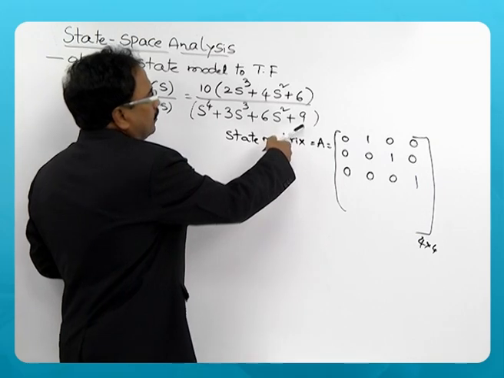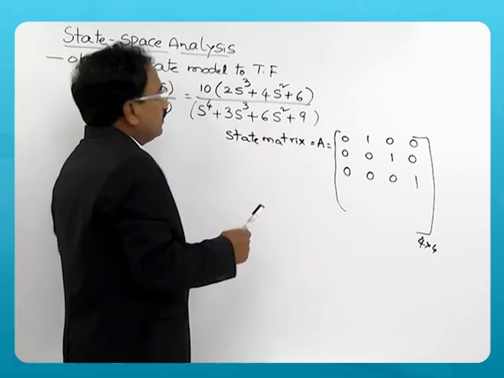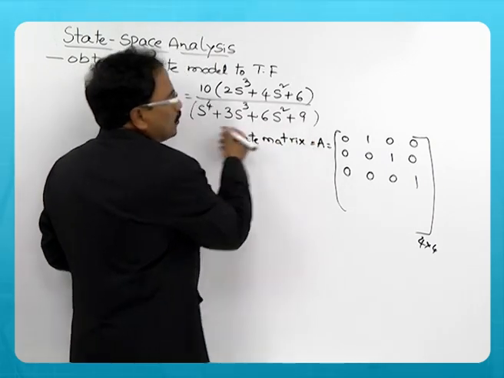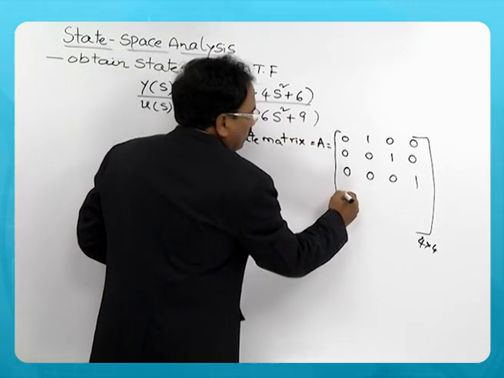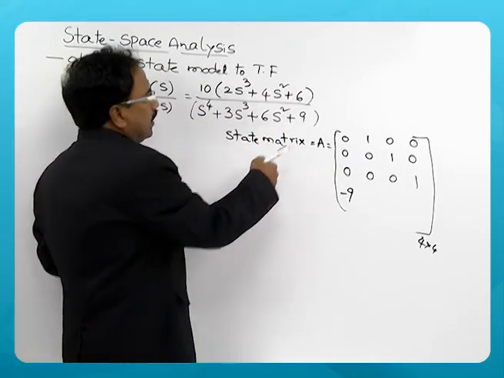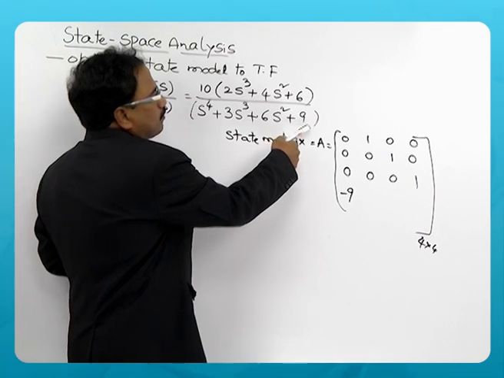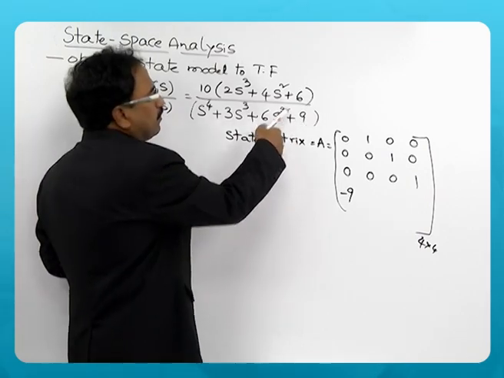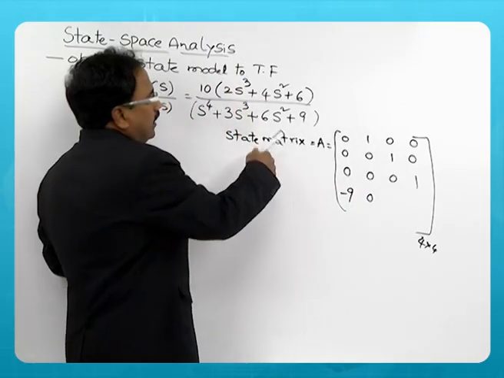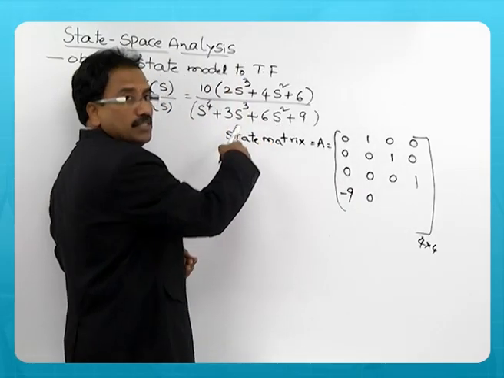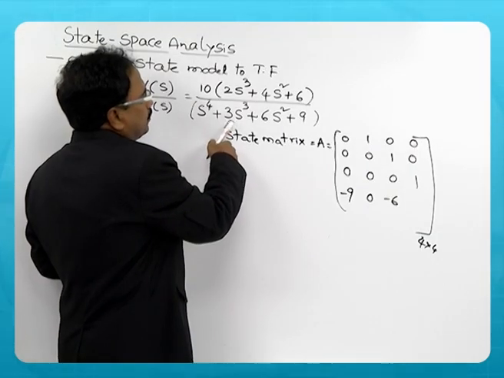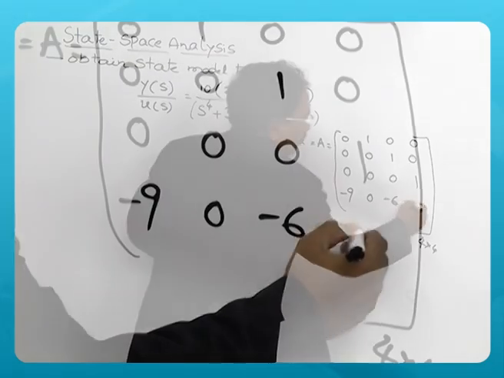If you start from the coefficient 9, assume that this is for x1, so with opposite sign you should write minus 9. Then there is no s coefficient here. After 9, this is s power 0, then there is no s power 1 coefficient, so you simply put 0, and the s square coefficient with opposite sign minus 6, and s cube coefficient 3 with minus 3.